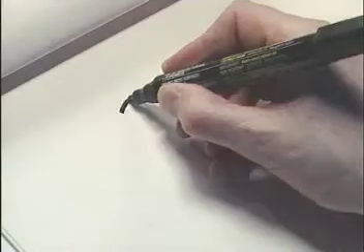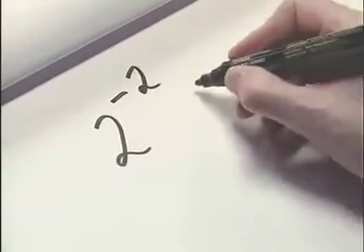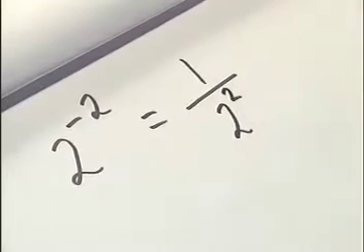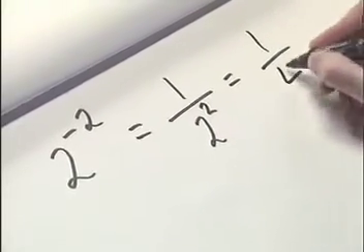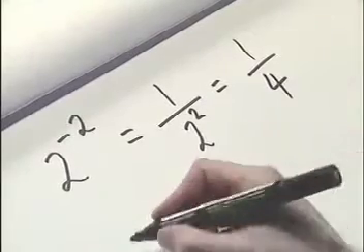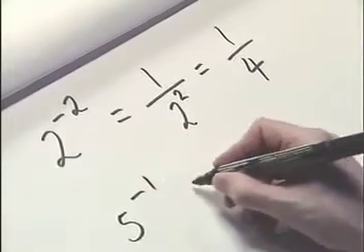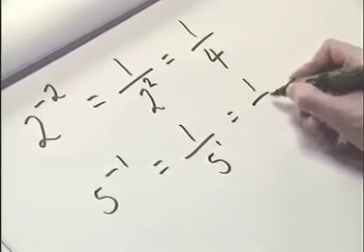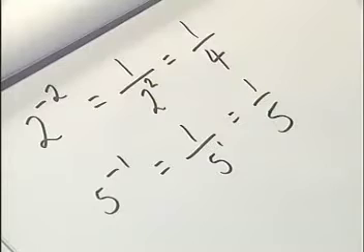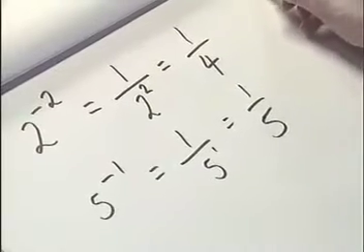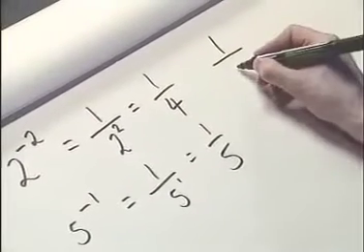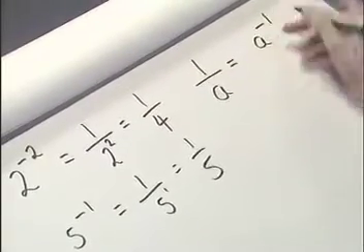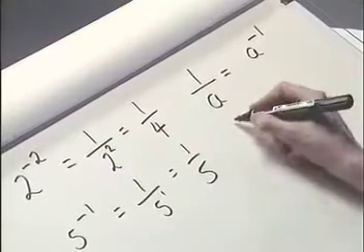So for instance, 2 to the power minus 2 would be 1 over 2 squared, which of course gives us a quarter. 5 to the power minus 1 is 1 over 5 to the 1, which is just 1 over 5. 1 over a is a to the minus 1, turning it round, working backwards.